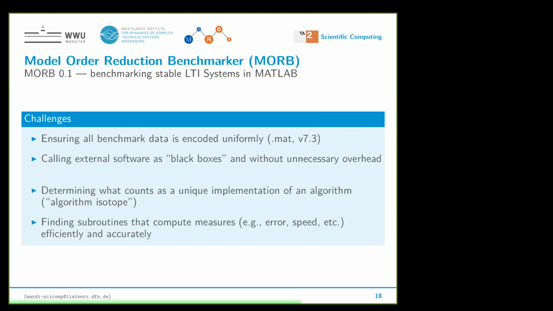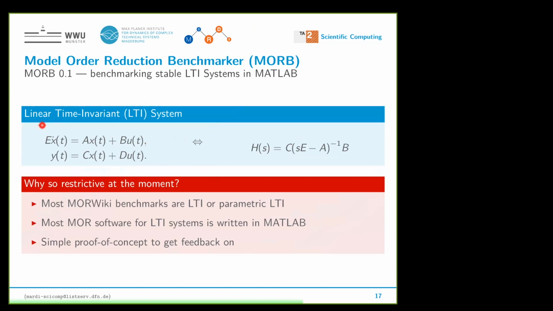But now ensuring that all these data sets are encoded uniformly, that all the different matrices, like here these coefficient matrices E, A, B, C, D, in many cases they are called like this.